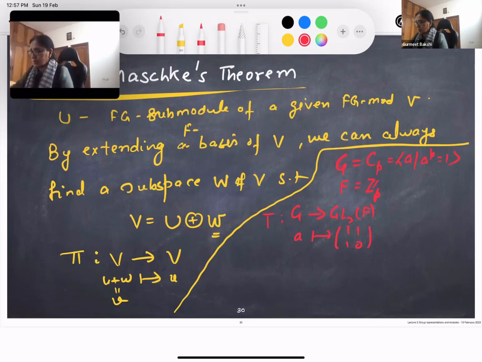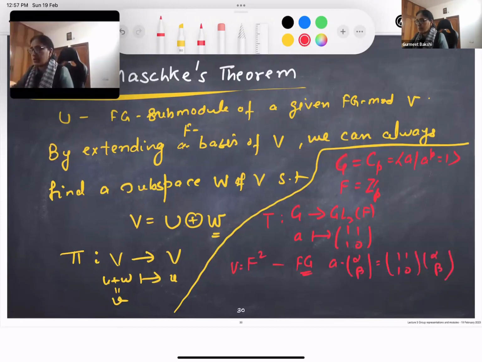And you look at the corresponding module. Your V will be F^2, regarded as an FG module via this: a · (alpha, beta) will be the matrix applied to (alpha, beta).